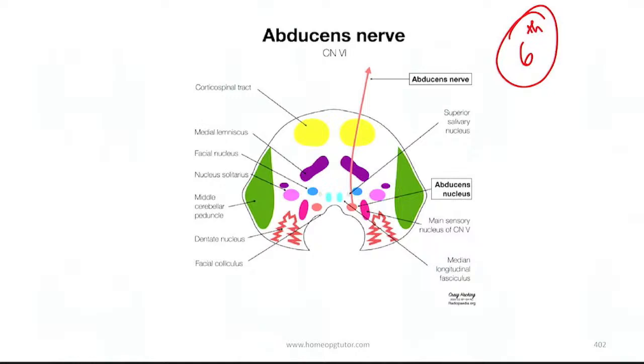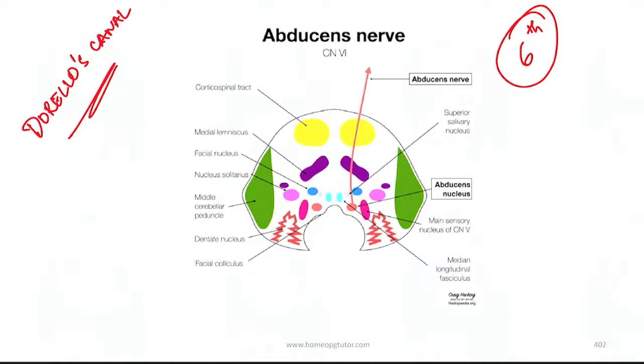But if you have to know more, there is something called Dorello's canal. Okay, Dorello's canal, that is actually the area through which this abducent nerve enters.